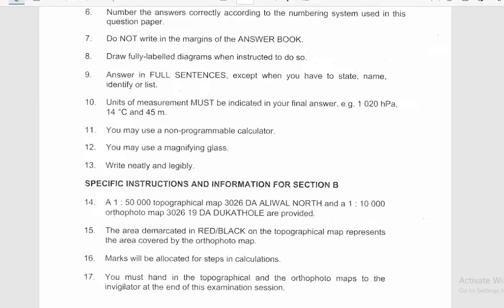It can be 1020 kilometers, 1020 meters, 1020 degrees Celsius. We don't know the unit of measurement that you are implying as the answer for that particular question. So you should make a special effort to follow the instructions and do as the instruction suggests.